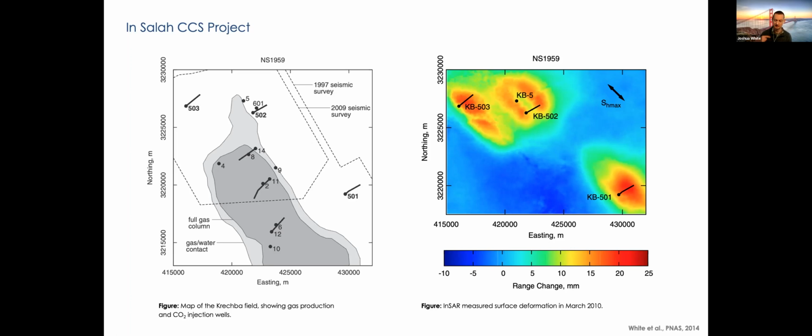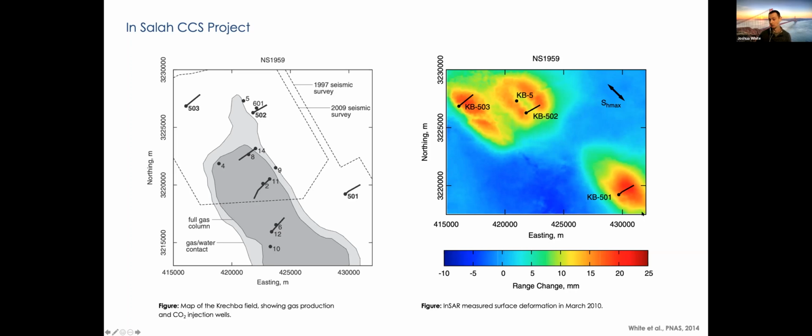What's interesting about In Salah is they actually used a satellite-based surface deformation monitoring technology. So basically using a satellite that repeatedly passes over the site and shoots a radar survey, they could measure the uplift or subsidence of the ground due to injection at about 2 kilometers below the earth. And that's what we're seeing here. This color bar here, range change, means the movement towards or away from the satellite, but you can really think about it as uplift.